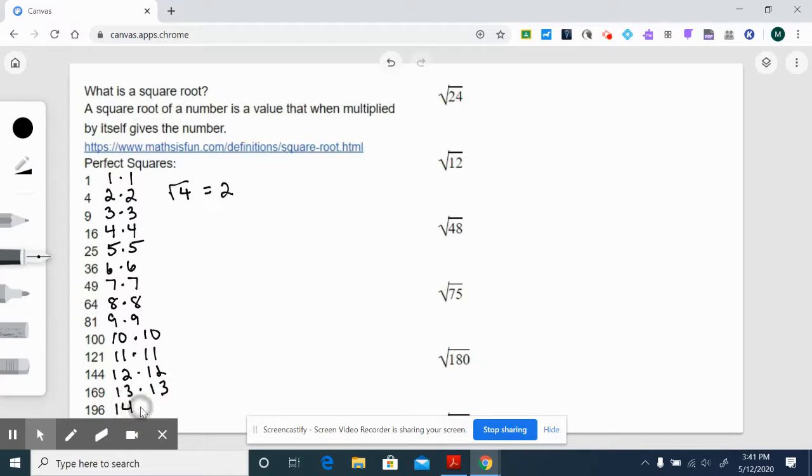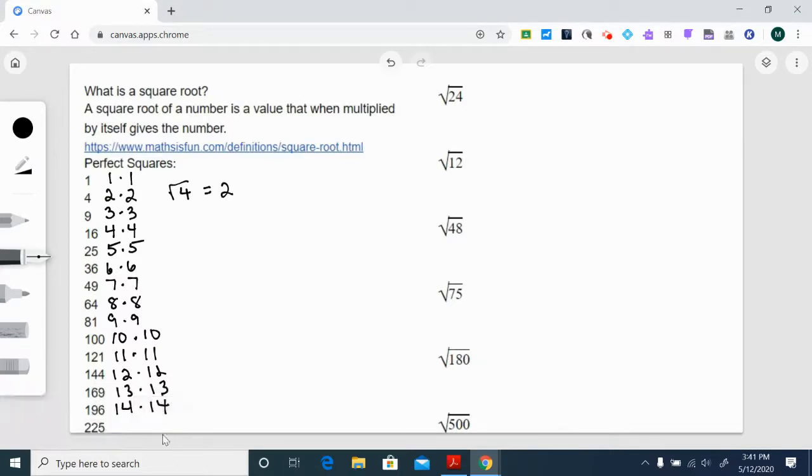And then we have 14 times 14. There's also 225, which is 15 times 15.